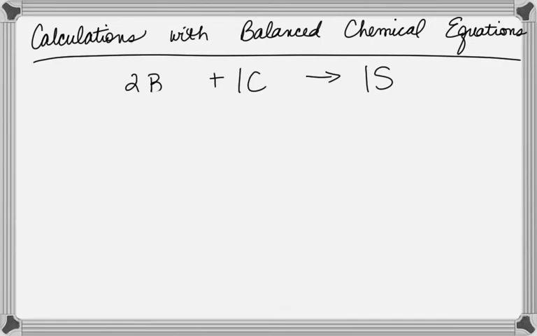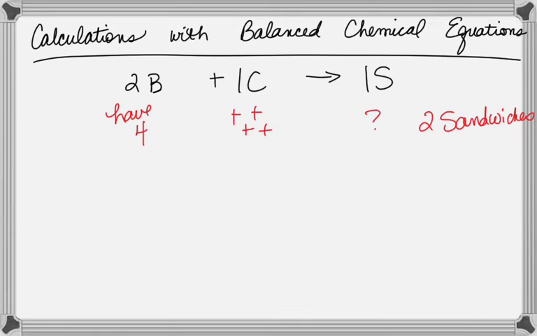So, if we look at this, y'all, what if you have 4 pieces of bread and you have a whole lot of cheese? Well, how many sandwiches could you make with 4 pieces of bread? And y'all know that you could make 2 sandwiches. You know that by looking at the ratio of the equation, okay?